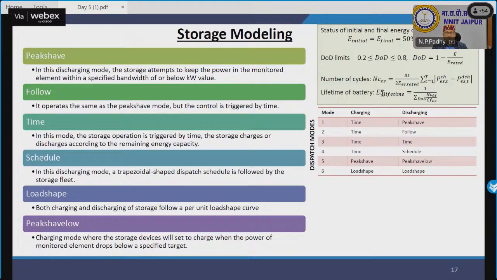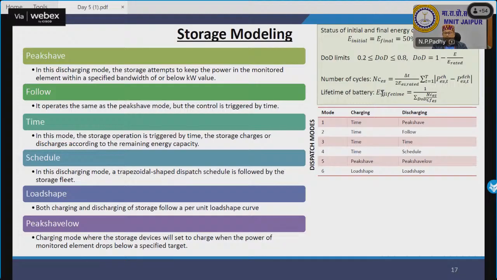Will I read again what peak shave is, for your benefit? In this discharging mode, when the battery is discharging, the storage attempts to keep the power in the monitored element within a specified bandwidth of or below the kilowatt value rating. Time: in this mode, the storage operation is triggered by time. The storage charges or discharges according to the remaining energy capacity.